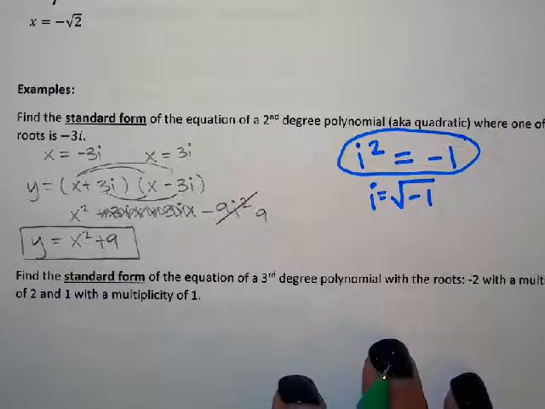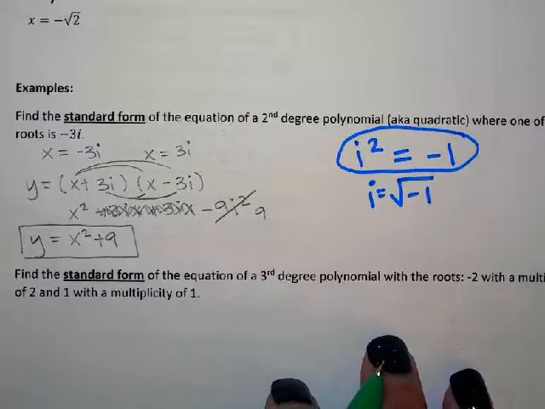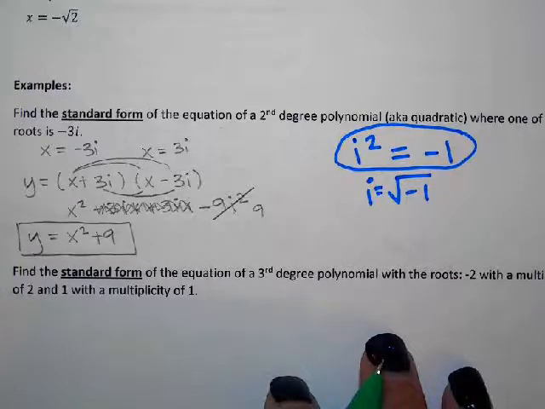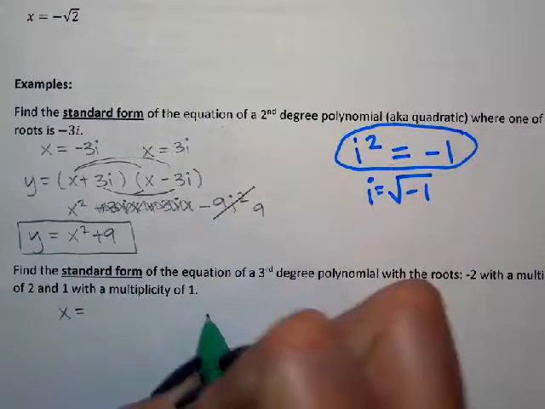All right. A third degree polynomial. How many answers do we have? 3. Okay, we got x equals, x equals, x equals. The roots are negative 2 with a multiplicity of 2.